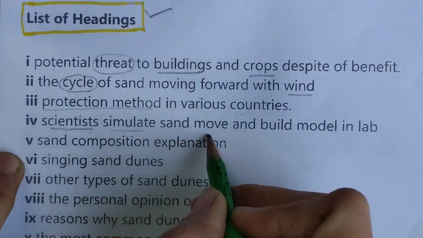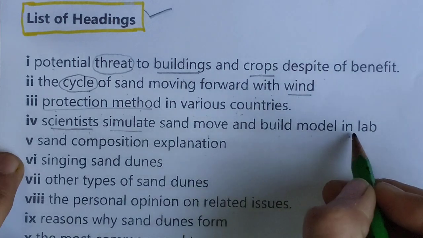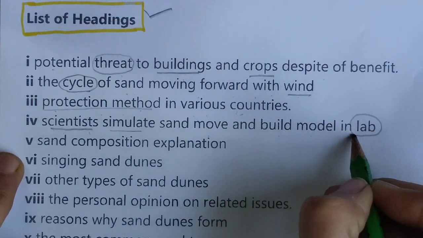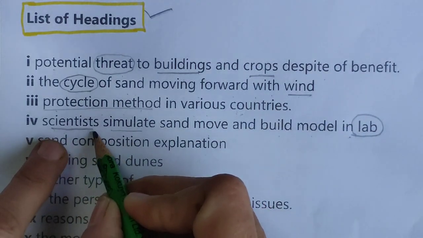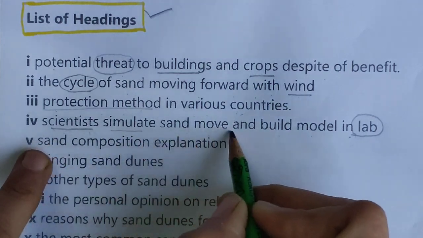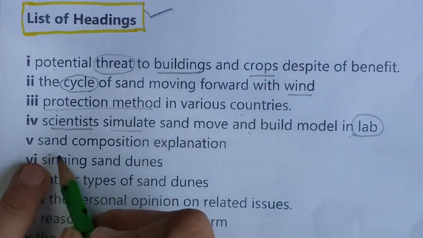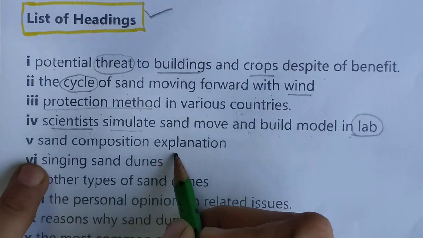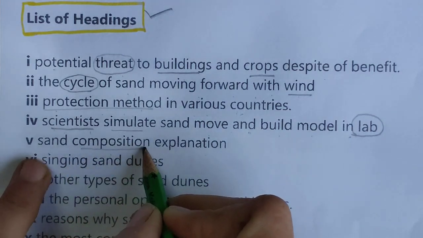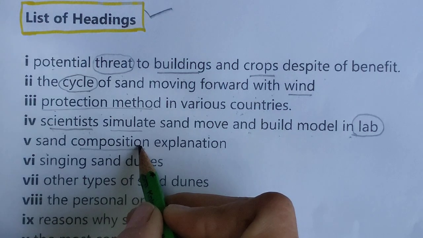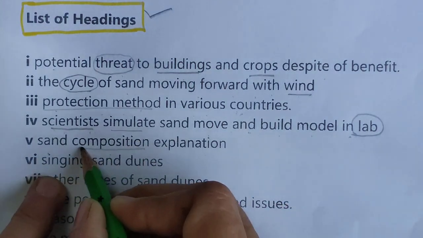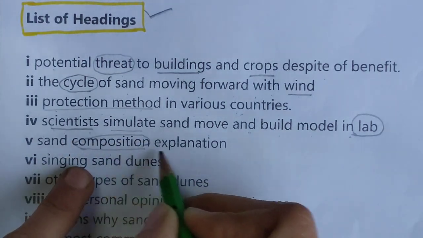Simulate sand movement and build a model in a lab. So laboratory activity or lab experiments may be there with scientists or researchers. That paragraph would match with this heading. Fifth, sand composition explanation. Sand composition, how sand is made up of minerals, clay and so many things, they will be explaining in any paragraph.